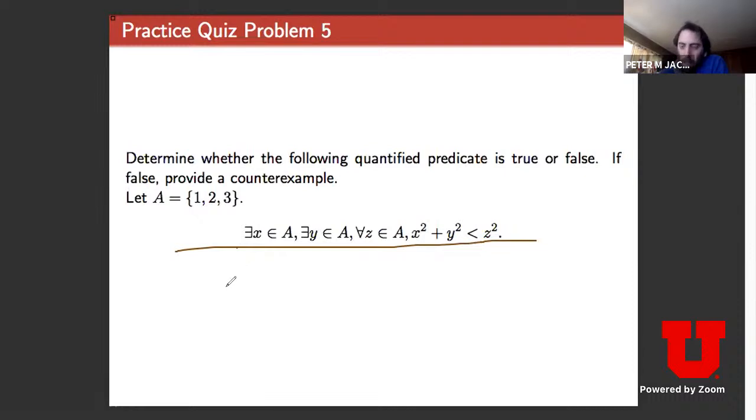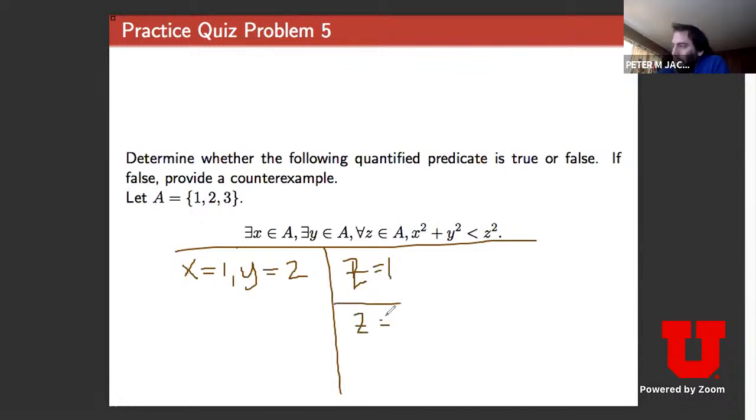Let's try x equal to 1 and y equal to 2. If it was going to work, then if we set z equal to 1, it should work. If we set z equal to 2, it should work. And if we set z equal to 3, it should work.